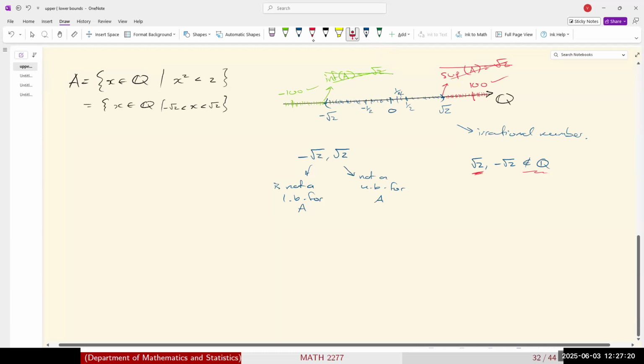Okay, so in this particular case, this is a subset of the rational numbers, A is bounded, right? It is bounded above and it is bounded below.